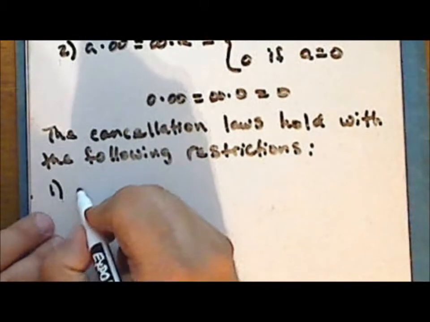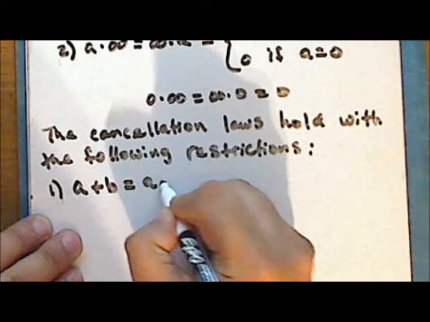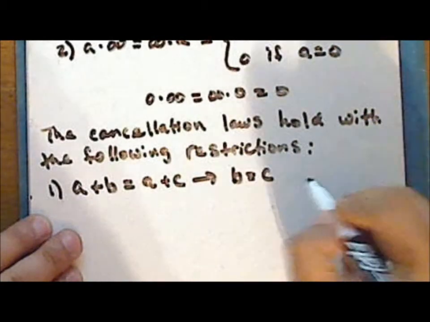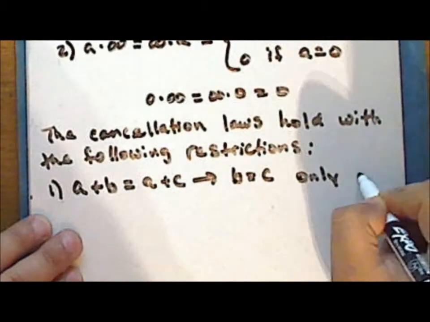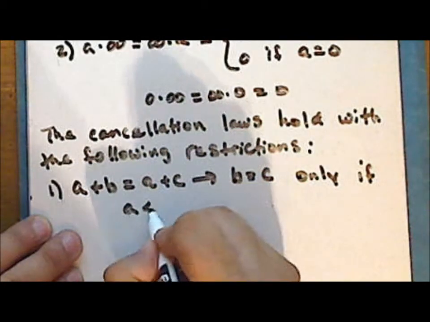For addition, we have that if a plus b is equal to a plus c, then this implies that b is equal to c only if the number a is strictly less than infinity.